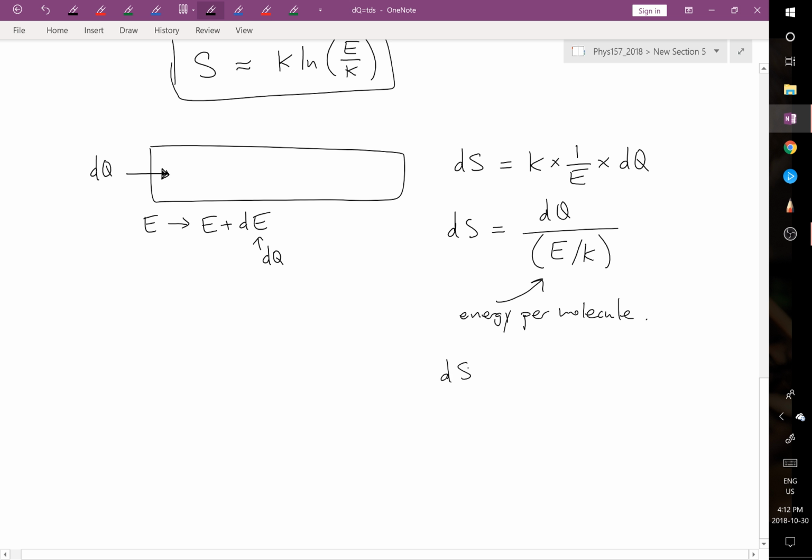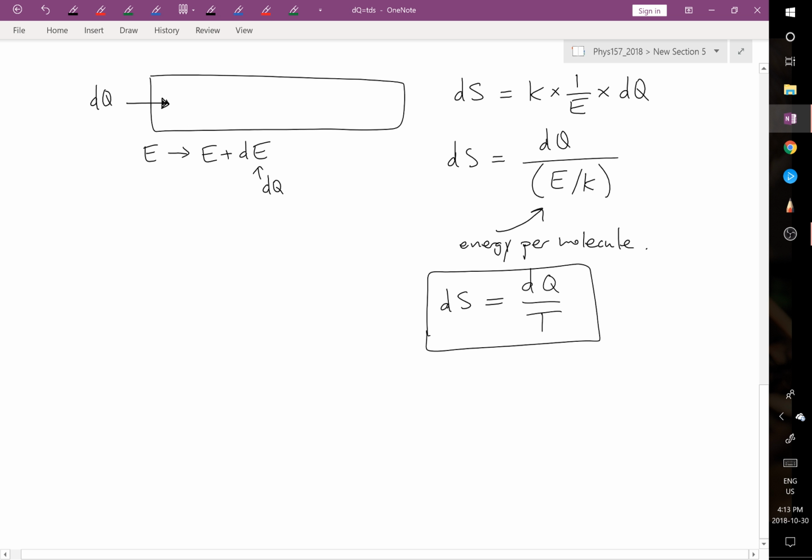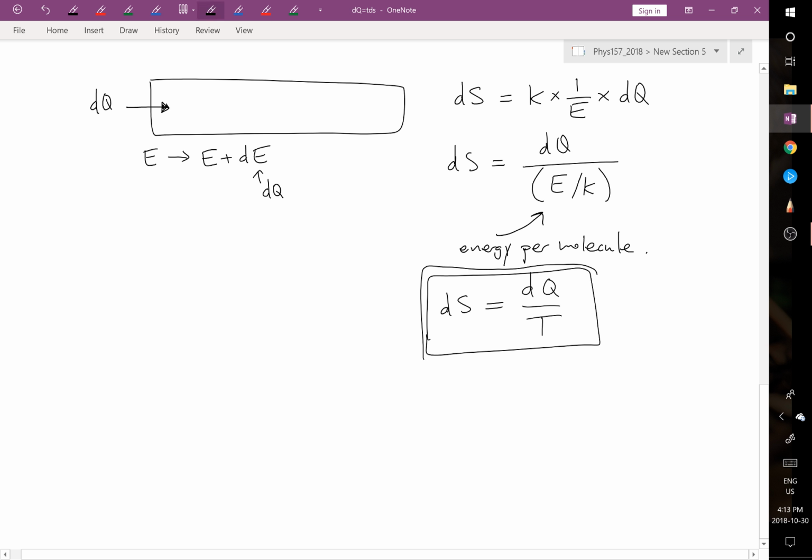And so in the end, if we make that identification in our simple model, then we have motivated or derived, with the right definition of temperature here, this formula that dS equals dQ over T. Okay, so that makes a basic connection between this definition of entropy, where it's counting the number of microscopic configurations, and then this other definition of entropy where we just define it to be equal to dQ over T, which is the thing we're going to use in all of our calculations.